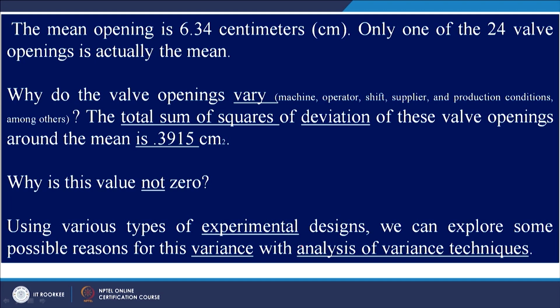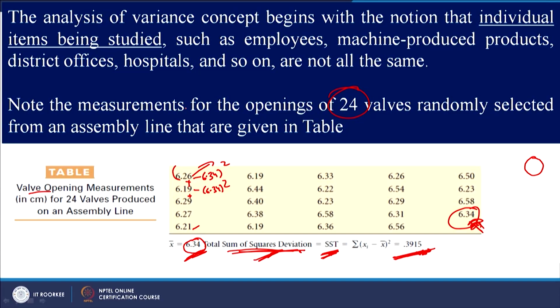As I said, there is only one valve whose diameter is 6.34 centimeter. You can have multiple reasons why these diameters are not the same when we produce these valves.